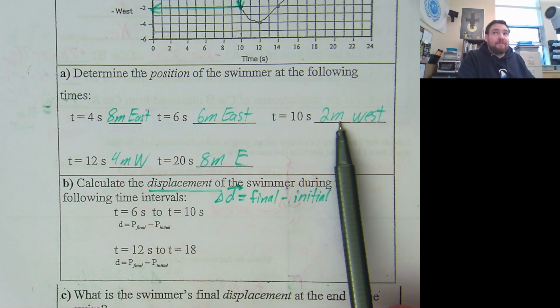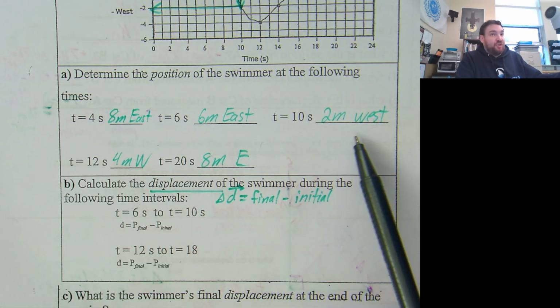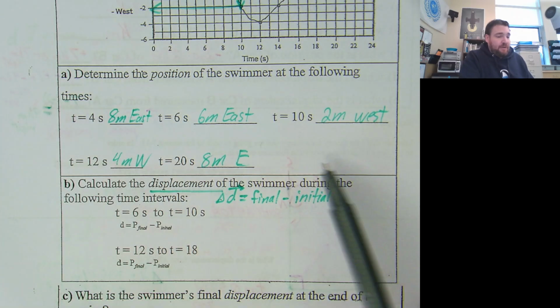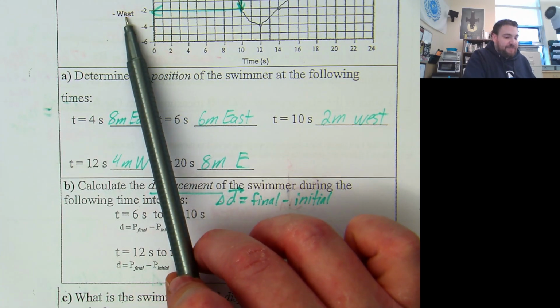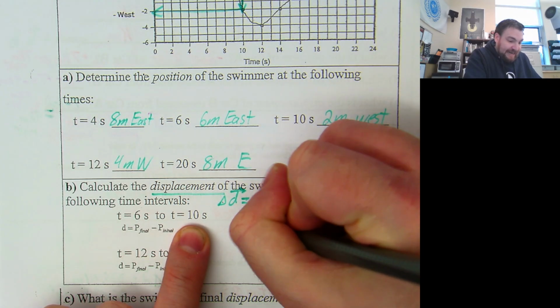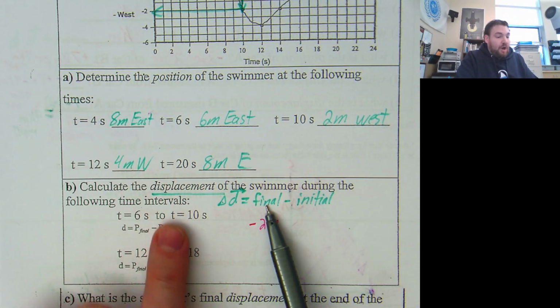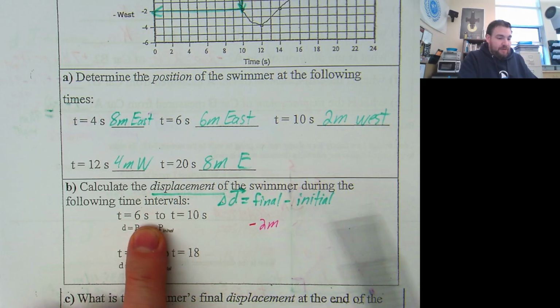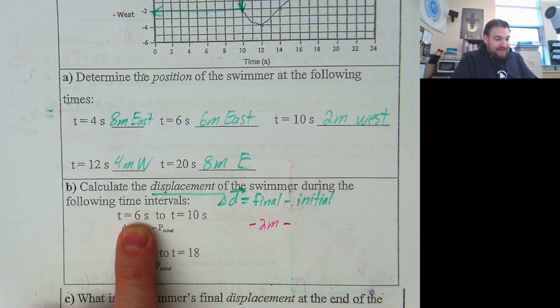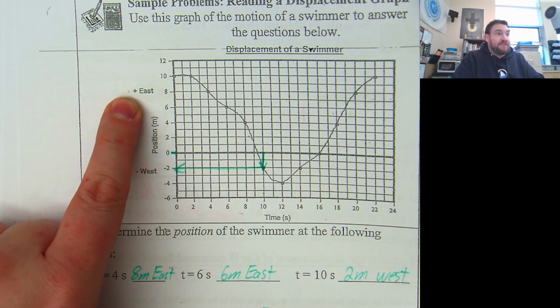2 meters west. And when you actually do math with this, we have to turn east and west into positives and negatives. On our graph, west was negative. So at 10 seconds, the position is negative 2 meters, our final position over this chunk of time. We take away the initial position. At 6 seconds, they were 6 meters east, and on the graph, east was positive.